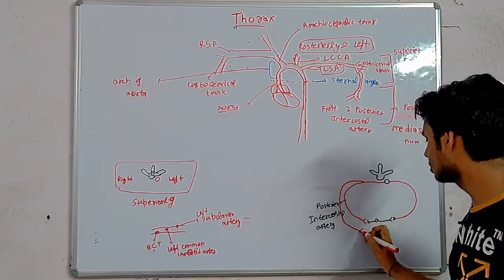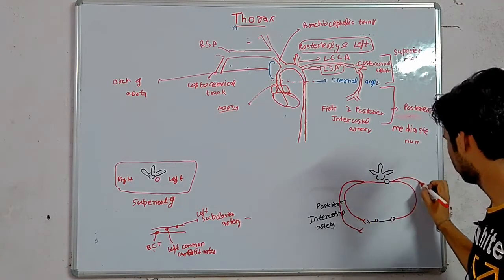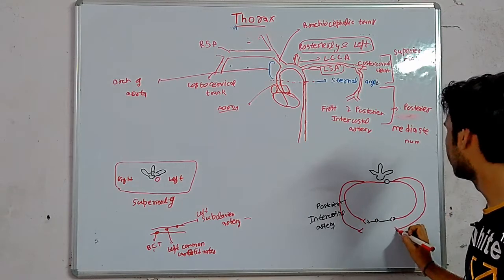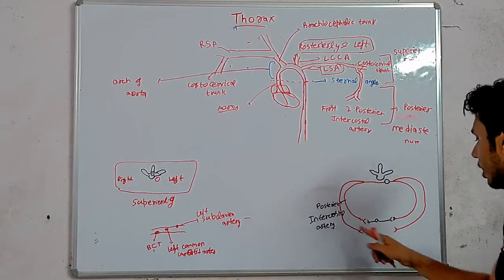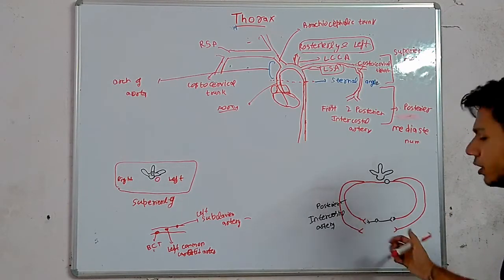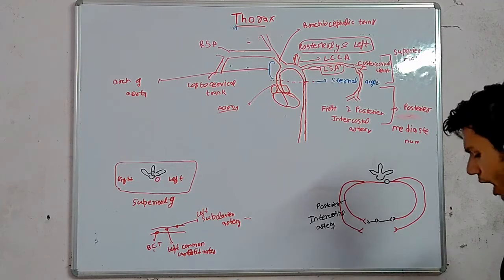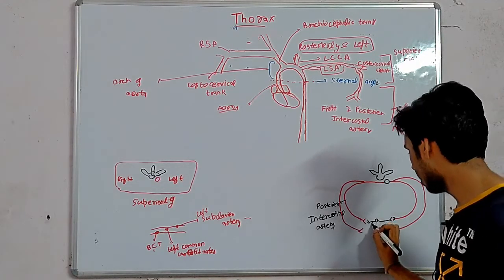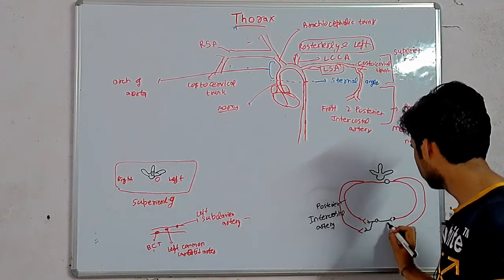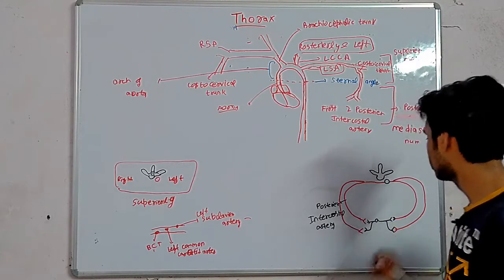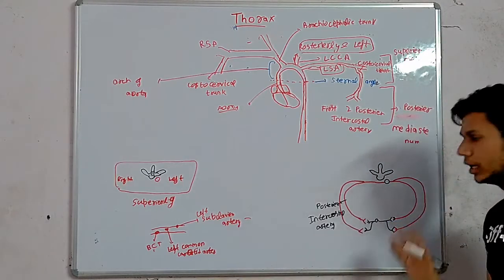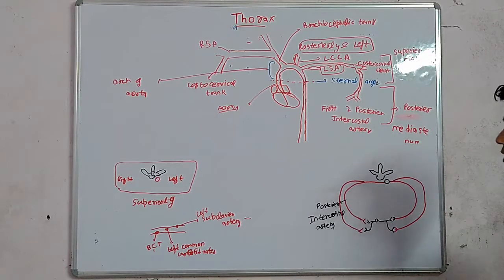There is not much role for the collateral branch. It is just a backup plan: if this one is blocked, it can still supply the intercostal space like this. And this also gives a collateral branch. Done. So this is the arrangement of intercostal arteries in this thorax.